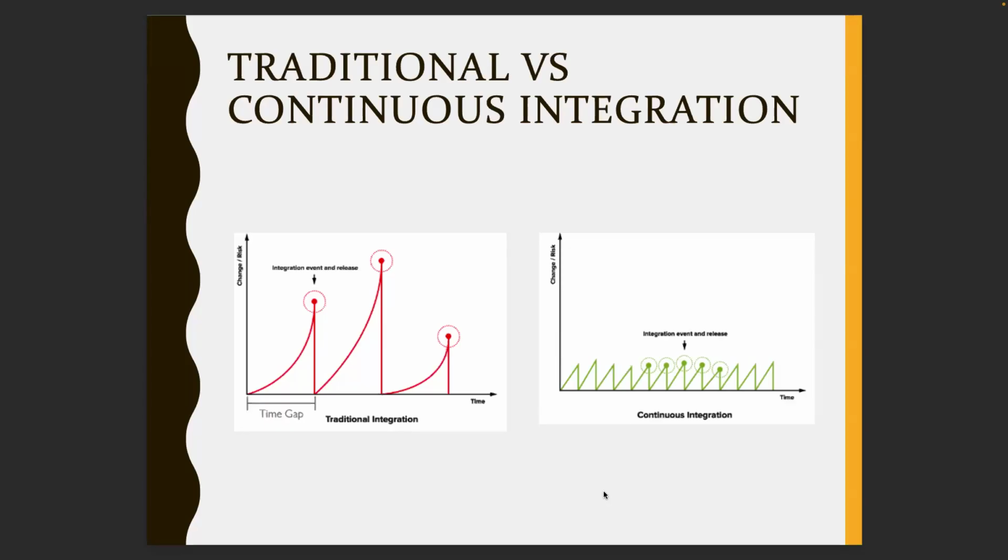To overcome this, we have continuous integration, where you can have multiple integration events, right? So integration can happen multiple times a day. Whenever a code change happens, it is immediately tested.